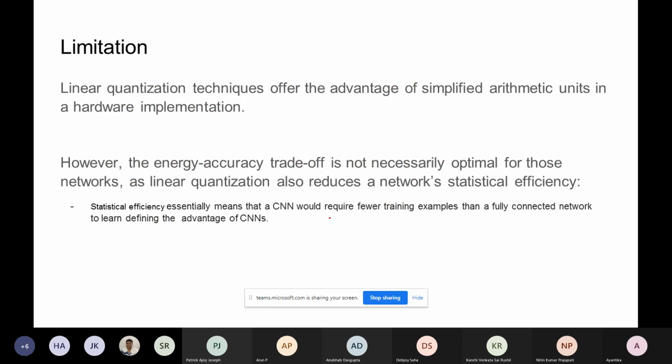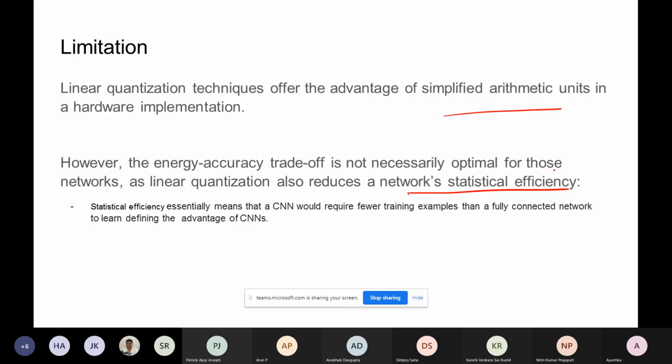Now, whatever we do, we have understood that we are gaining in terms of energy. We have used some simplified arithmetic units, and we are also getting acceptable accuracy. But to do this, we are sometimes reducing the overall network's statistical efficiency. What does it mean? A CNN may require fewer training examples, and that way it is statistically efficient.